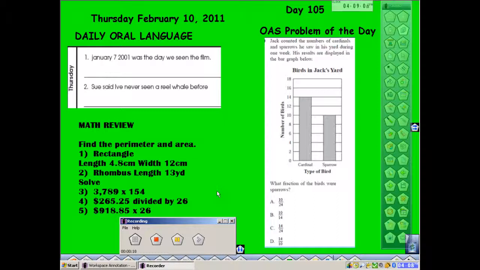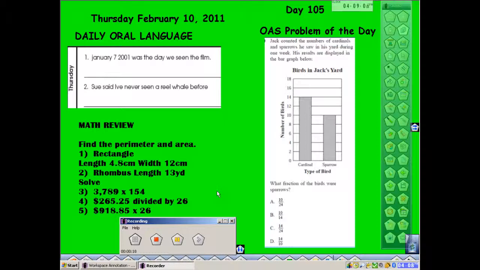Go ahead and take a sheet of notebook paper and work all the problems down, write all your answers, write the date, put your name, put your heading and everything. And also make sure today would be day 105, but if it's actually a snow day, it won't count as day 105. But you can go ahead and put 105, change it to a decimal, change it to a percent, change it to a fraction, and reduce the fraction, okay?